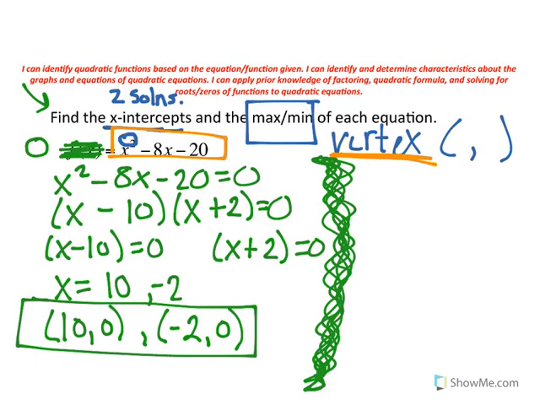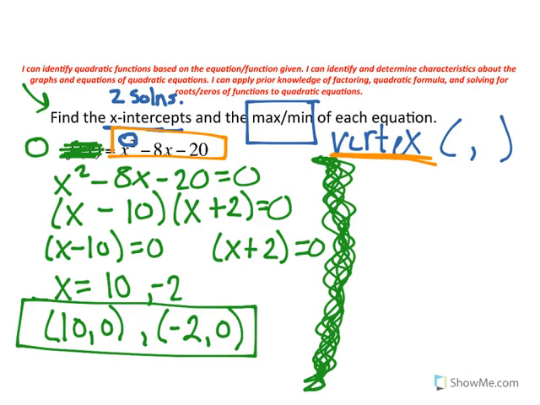Is it in vertex form or is it in standard form? A reminder that vertex form involves the parentheses with the h's and k's, and you can pull the vertex exactly the way it is written from the function. If it's in standard form, it's in the ax squared plus bx plus c format, the format that we would use for the quadratic formula.